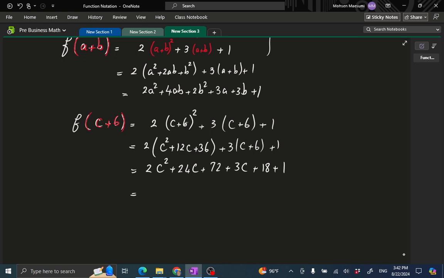This seems to be a bit cleanable. So 2c squared, 24c, and 3c, I'll collect similar terms, 27c, plus all these numbers, 72 and 18. What's that? 80 and 90 and 1. So it became 91.